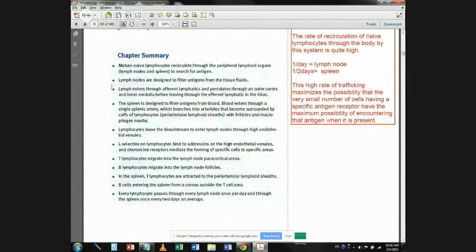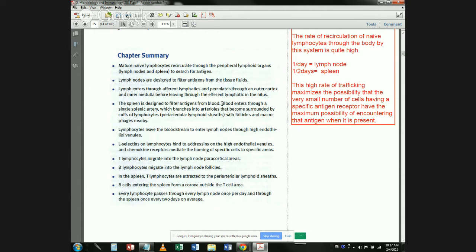Now, this lymph is rich in APCs, right? Because T and B cells are not found in tissue, they are found in blood. And APCs would be things such as macrophages, perhaps dendritic cells, things like that. So the spleen is designed to filter antigens from blood.